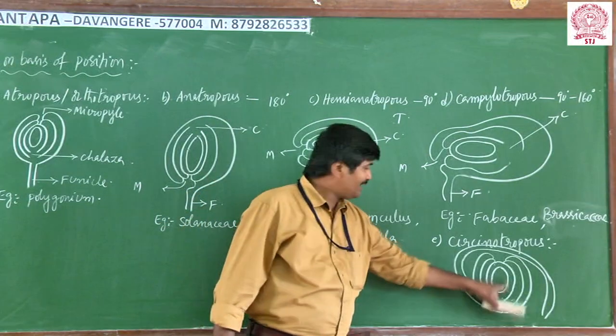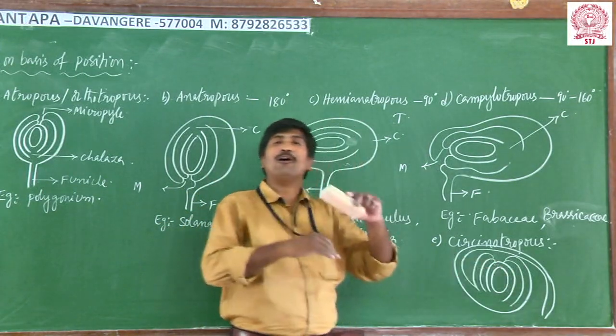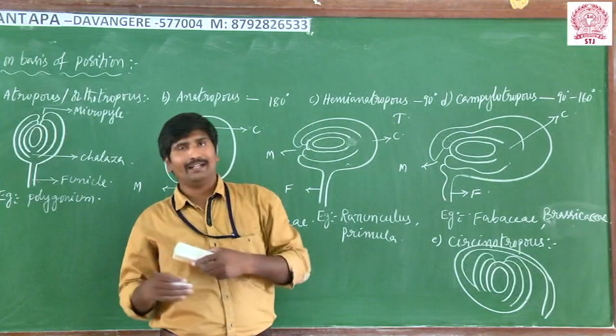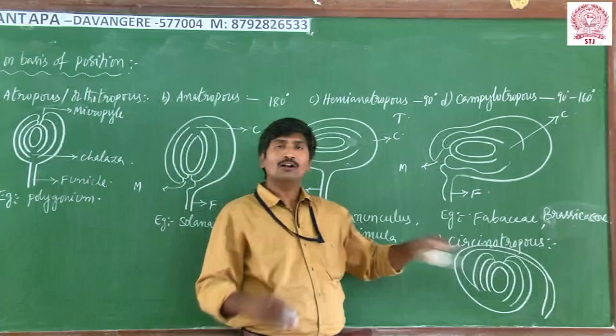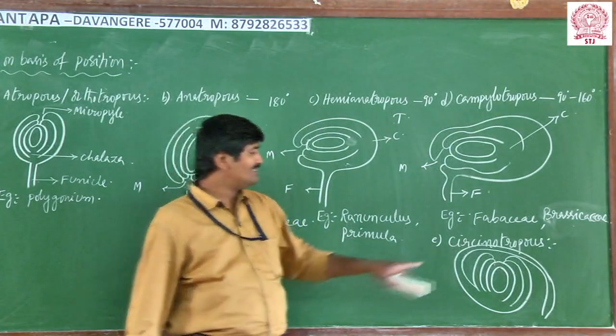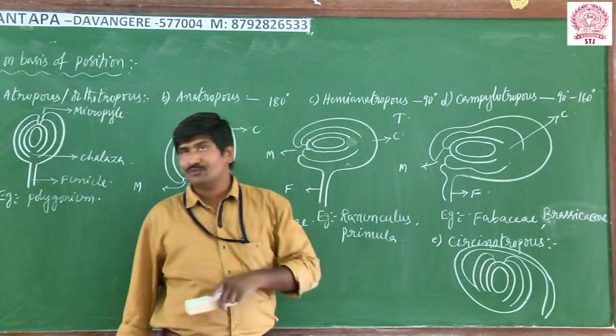A long funicle coils around the ovule body. This is also known as the coiling ovule. That is the circinotropous ovule.